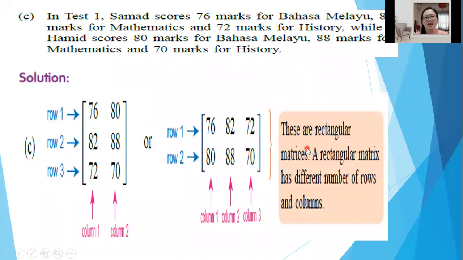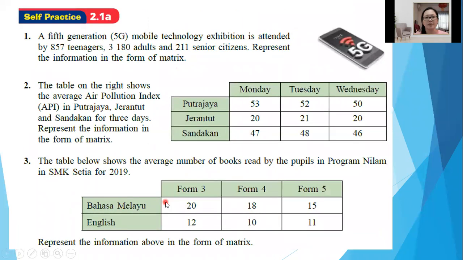We call this a rectangular matrix because it has a different number of rows and columns. In this example, we have 3 rows, but only 2 columns. In this one, we have 2 rows and 3 columns. After this, you can try the exercise Self-Practice 2.1a. Try to transfer them into the form of a matrix.